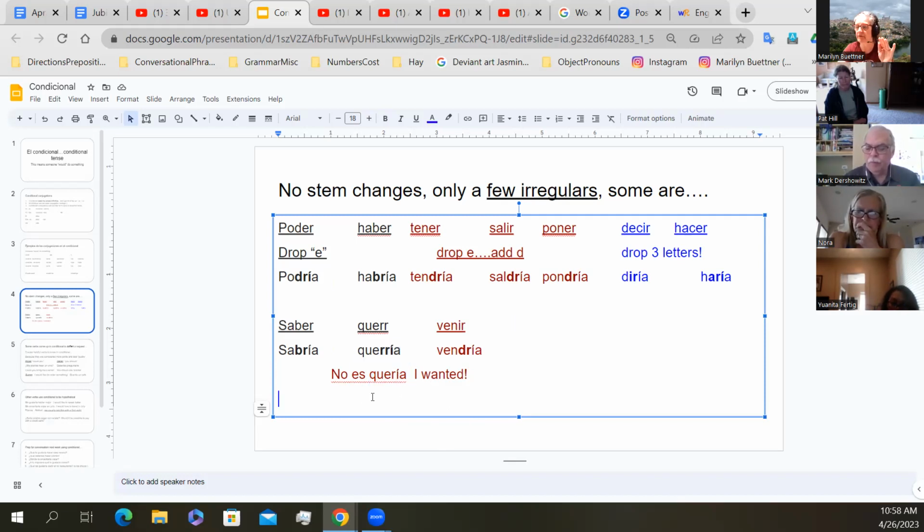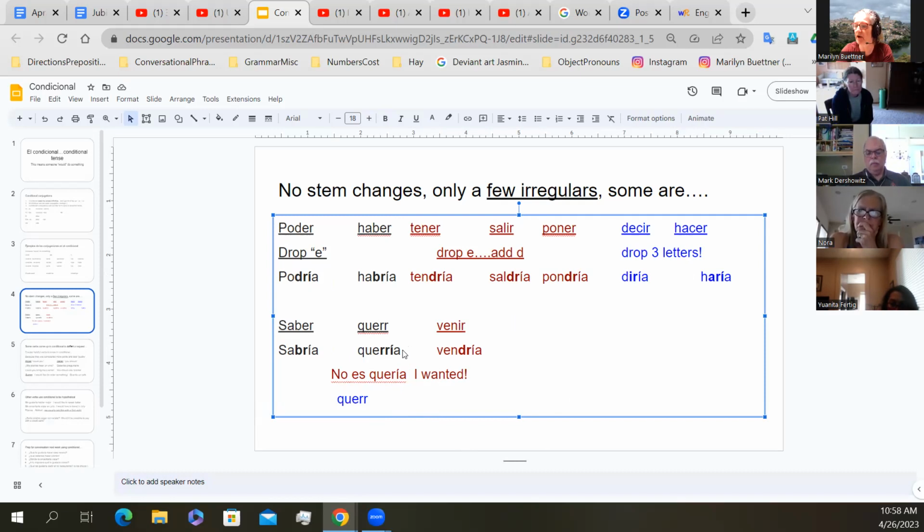So that does make a difference. And why does that happen? That happens because of what happens with this word querer. What happens with a lot of these irregulars, the pattern for the irregulars, is often that the vowel goes away. And once I do that, I get that double R.